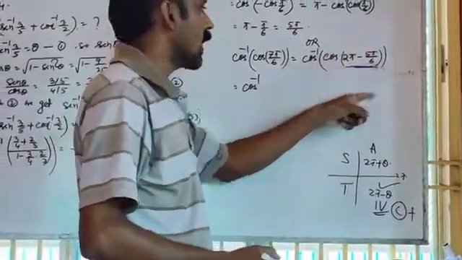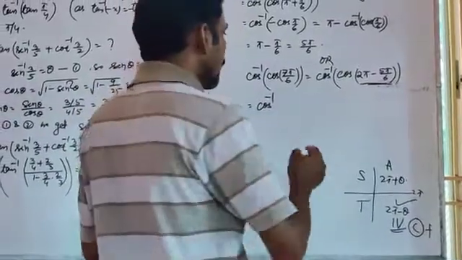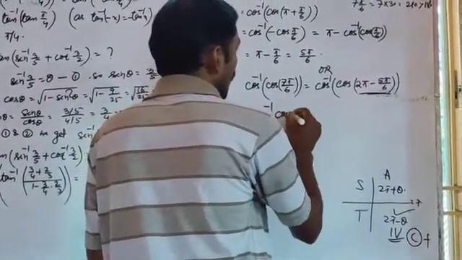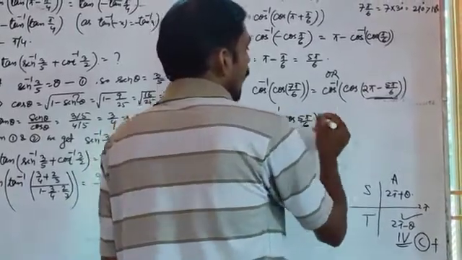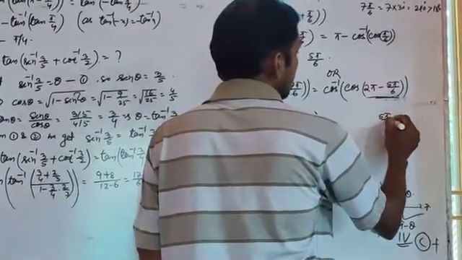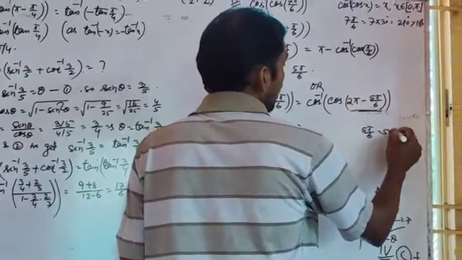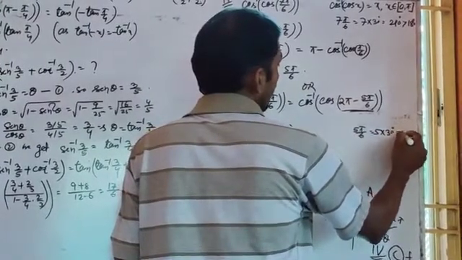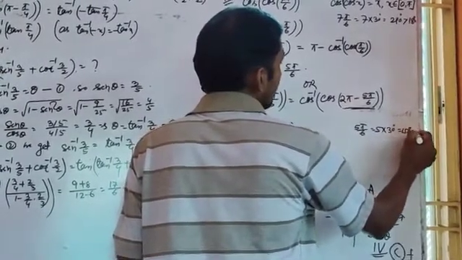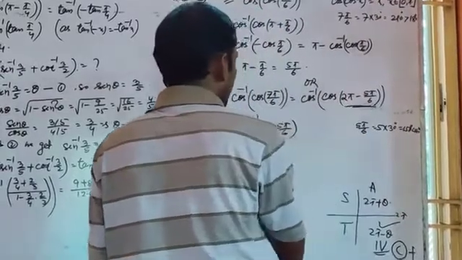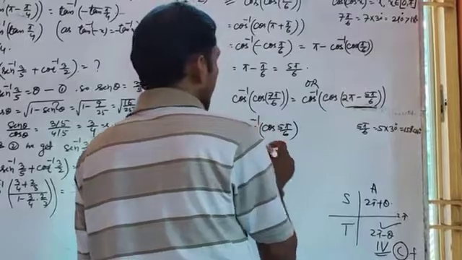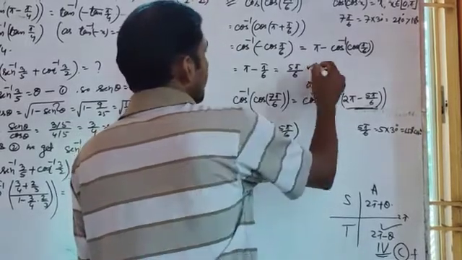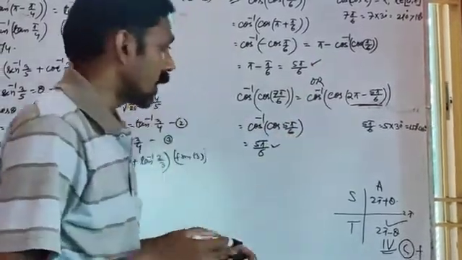So cos of 2 pi minus theta is cos theta. So cos inverse of cos 5 pi by 6. Now 5 pi by 6 means 5 into 30, that is 150. This is less than 180. It lies between this range. So here the angle you can write is 5 pi by 6. So you see both the answers are the same.